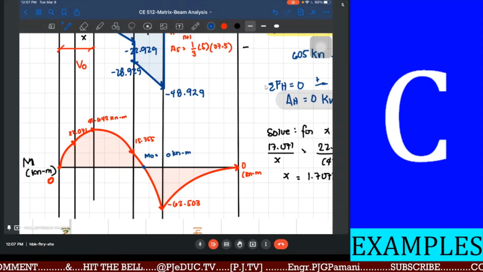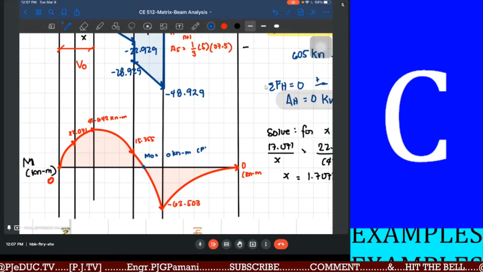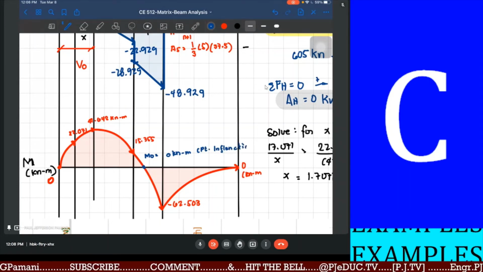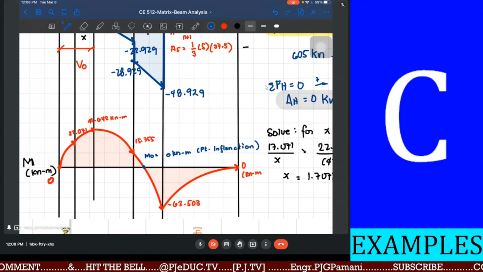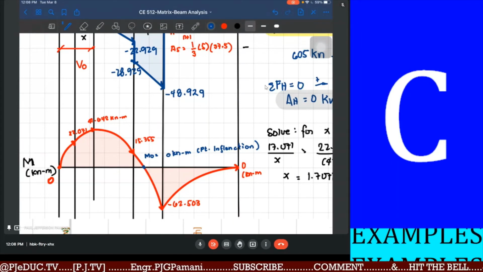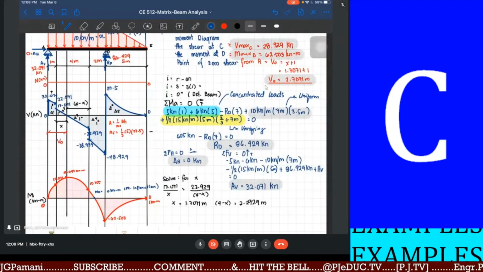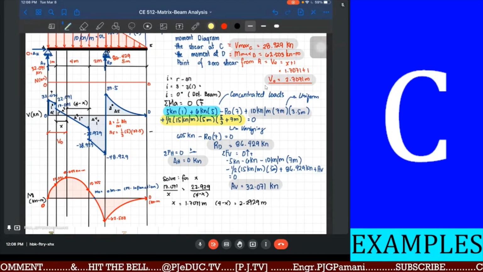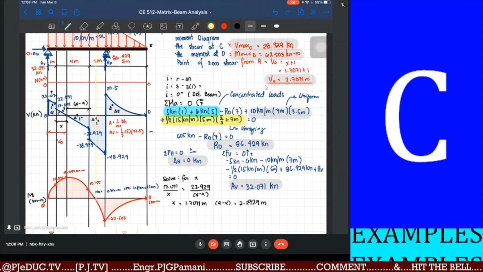The point where moment is equal to 0 is called our point of inflection. The point of inflection also defines the location within the span of the beam of your maximum deflection. So sa point na yan, dyan daw natin makikita yung maximum vertical deflection ng ating beam.